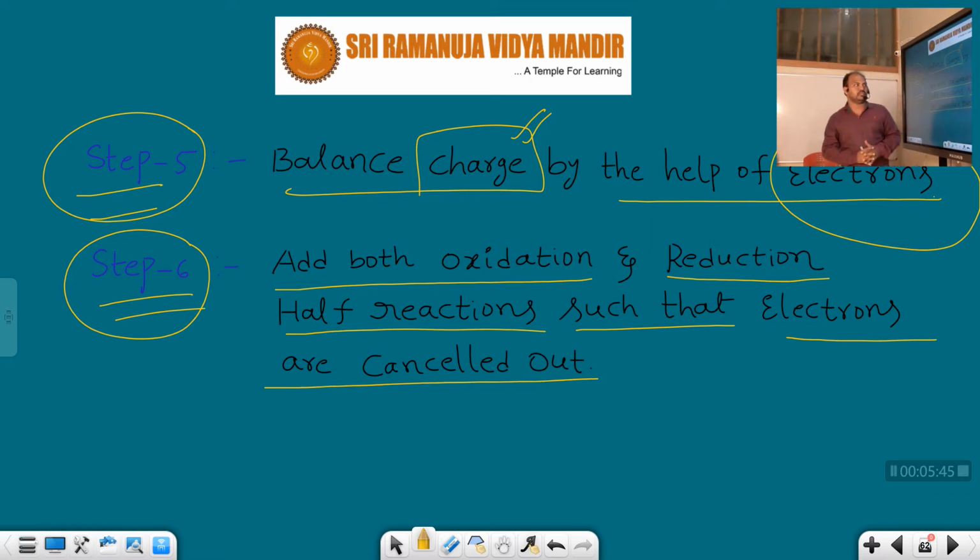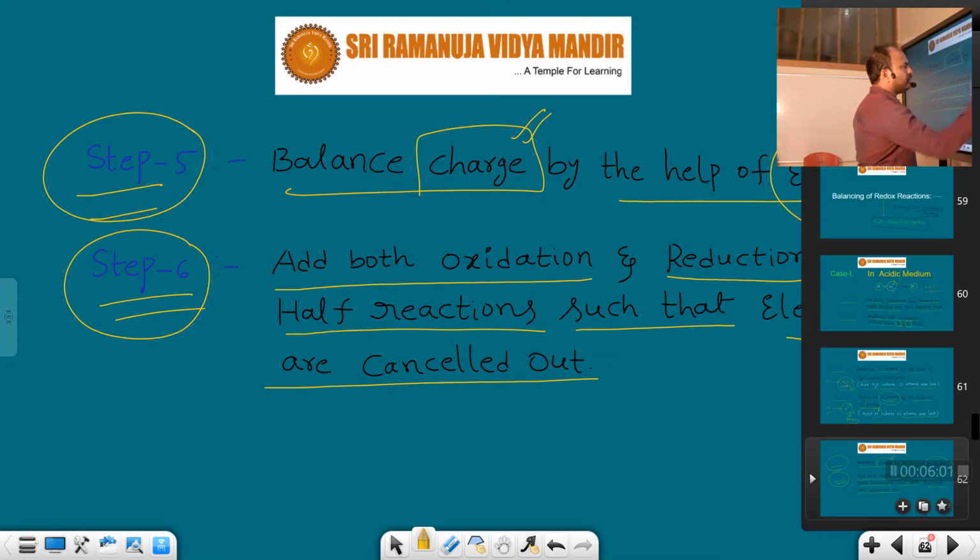Whenever we add the oxidation reaction and the reduction reaction, what will happen? Electrons will be cancelled out. These are the important steps involved in balancing a redox reaction in the presence of acidic medium.